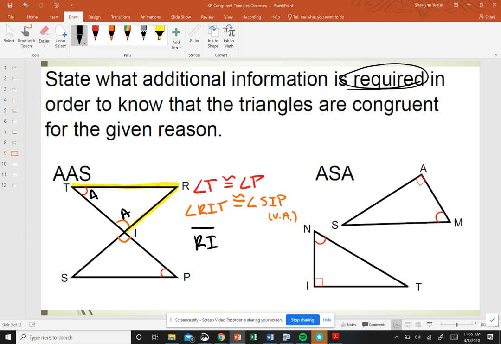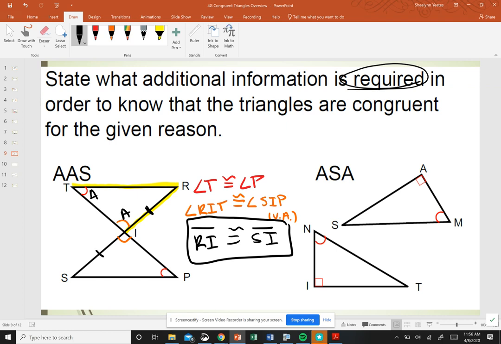I don't know why, I just like it. So I've got RI, and that's congruent to SI. I is the same as I, and R is the same as S. So this is the additional information I needed: RI is congruent to SI.